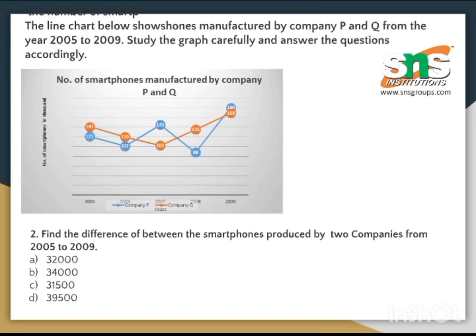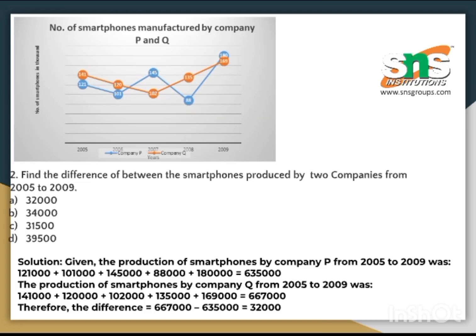We will move on to the second question. Similar data is given. Find the difference between the smartphones produced by the two companies from 2005 to 2009. We are supposed to add all the values of 2005 and all the values of 2009, and find the difference. Now, the solution is given.